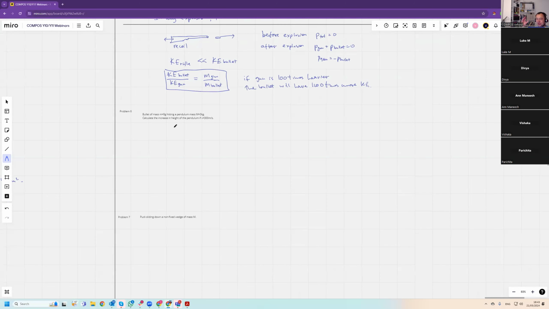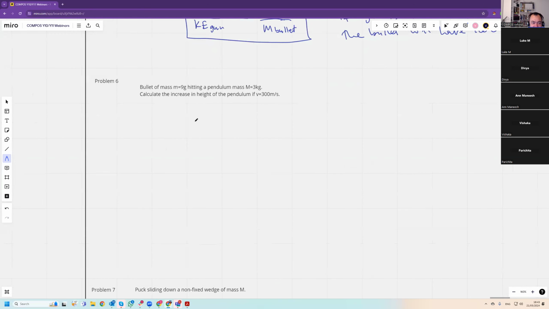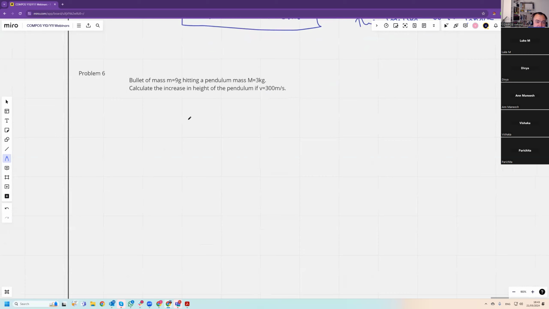Okay, now we're getting to much meatier problems, okay? A bullet of mass 9 grams is hitting a pendulum of mass 3 kilograms. So it's a pendulum. And there's a bullet.